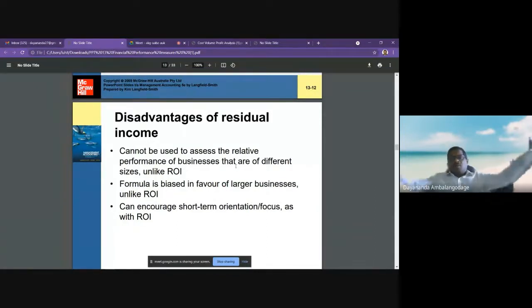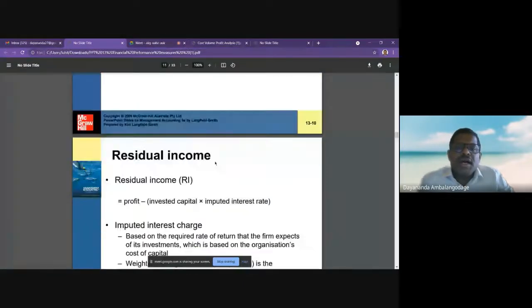This is the problem here with residual income. You see, residual income is not a relative measurement.